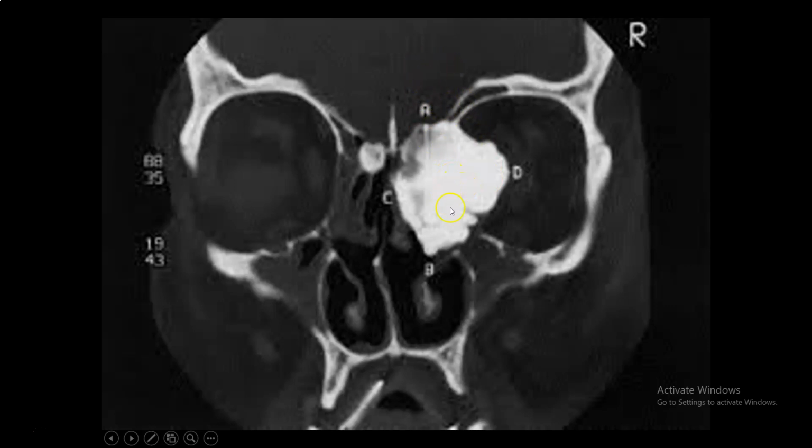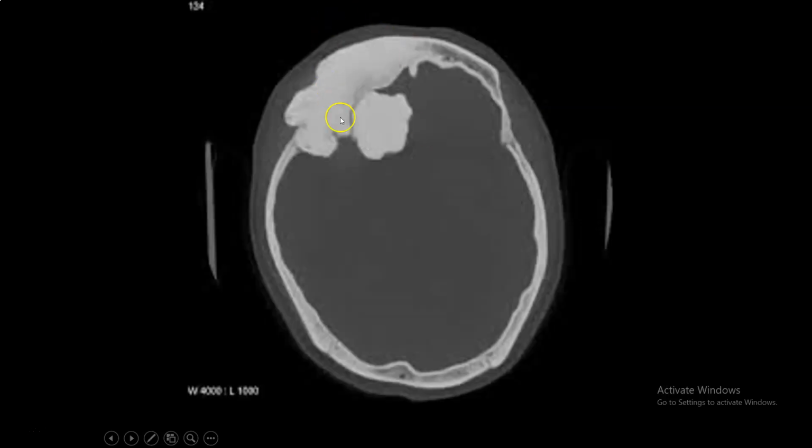Of course, the transsphenoidal approach will be very difficult because it is extending too much laterally, and it is very solid and hard. So I prefer to do it from above. Another case, osteoma of the skull bone extending into the brain, indenting the dura.